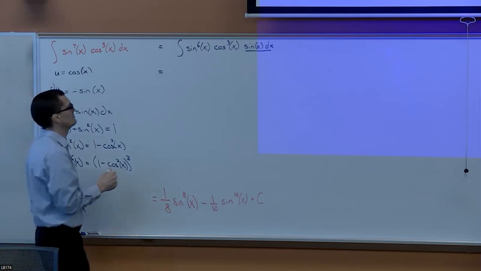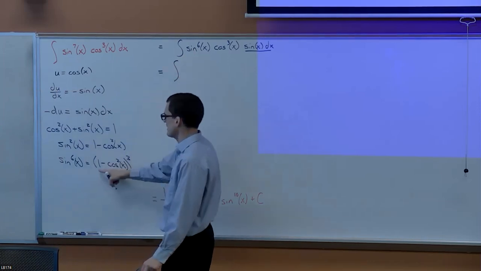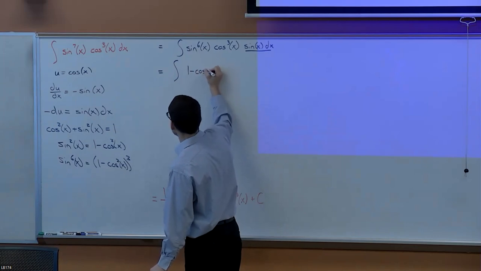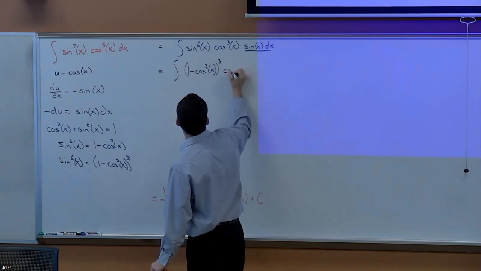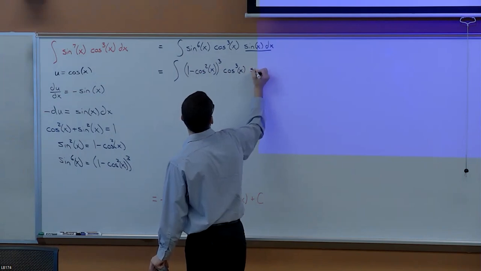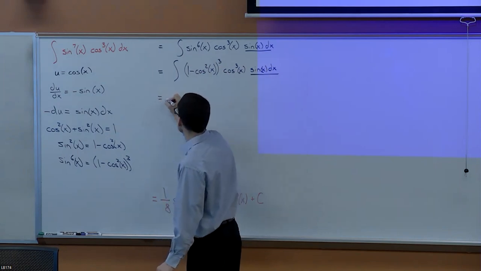So now I can do my exchange. Sine to the 6th is 1 minus cosine squared, all raised to the 3rd power. And then I have a cosine to the 3rd power, and then a sine x dx for my du exchange.